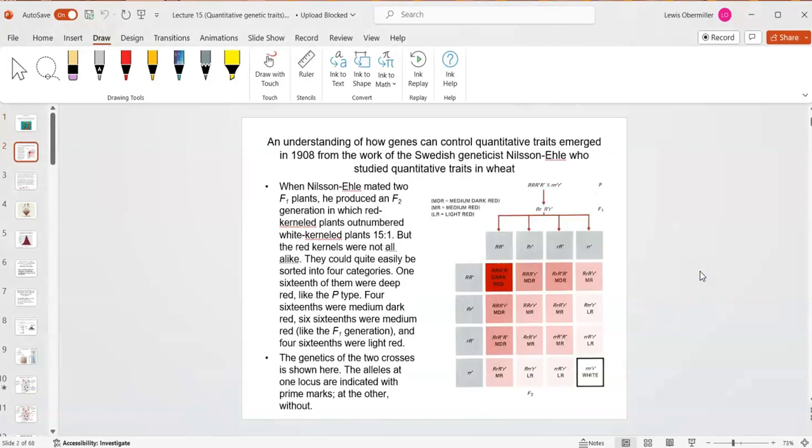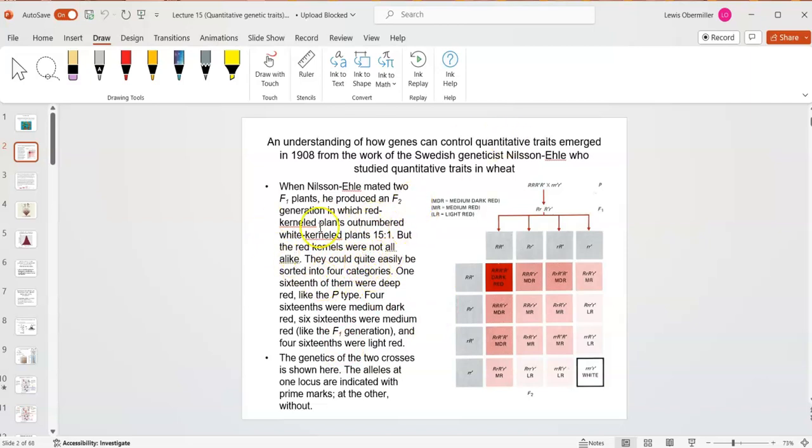The study of quantitative traits emerged when Swedish geneticists were looking at kernels. I don't care that you know their name.